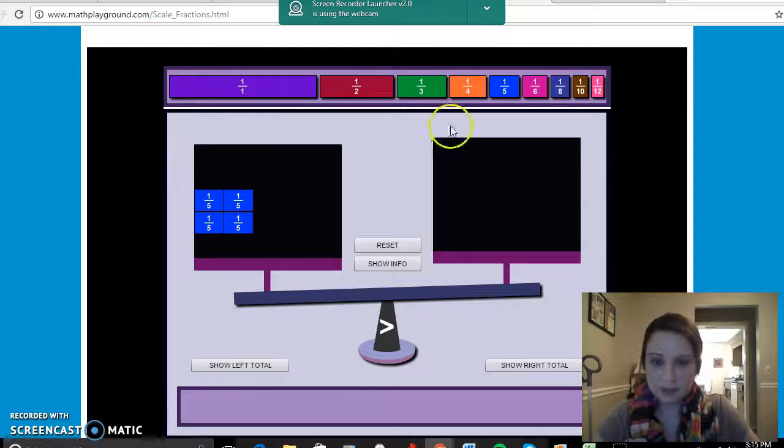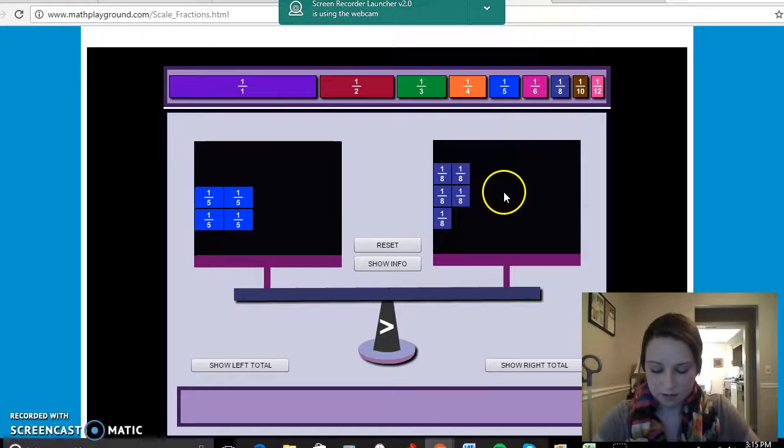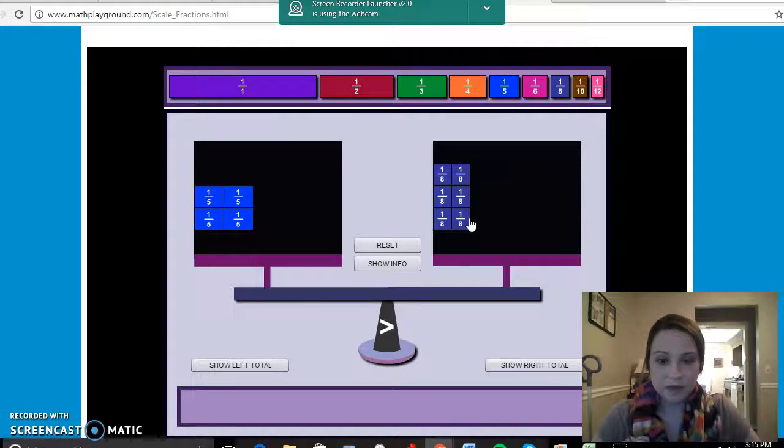We have 4/5, and now we're going to do our eighths. 1, 2, 3, 4, 5, 6. You can see that the scale almost looks like it is even. It's barely higher up, but our sign shows us here that 4/5 is greater than 6/8.